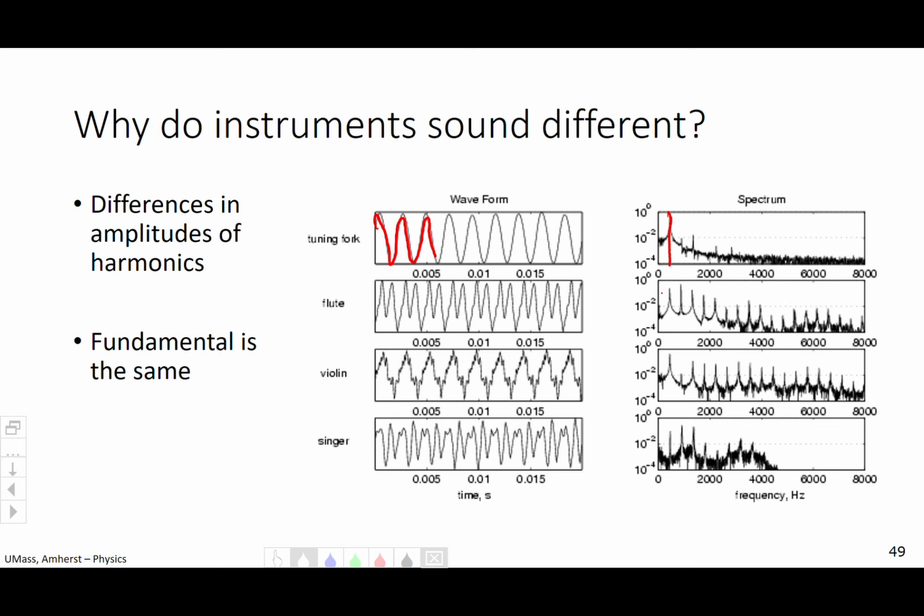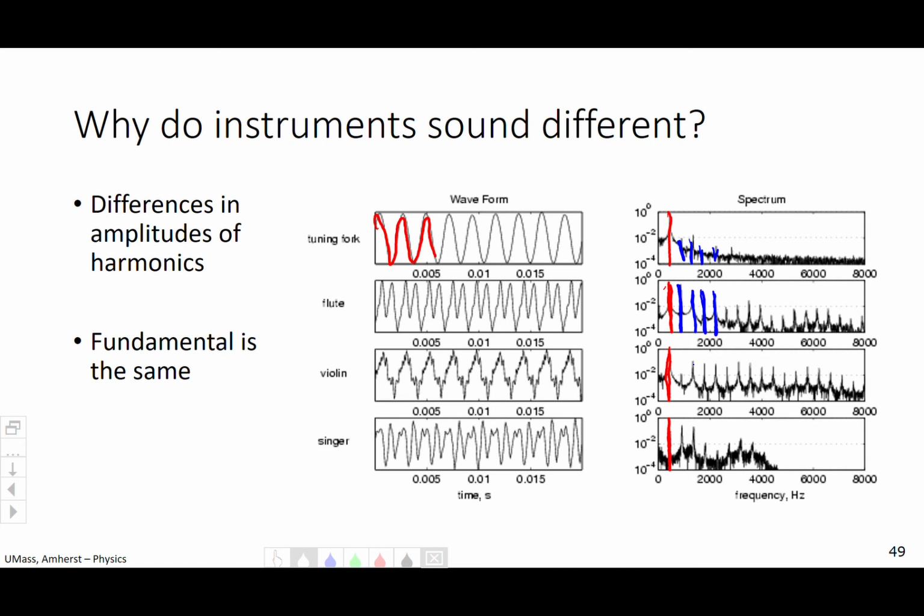We also get this baseline frequency in the flute, in the violin, and in the human singer. My drawing skills, of course, are not on point. But let's take the flute, for example. We also have a high amplitude of the second harmonic, the third harmonic, the fourth harmonic, the fifth harmonic, where for the tuning fork, we have a much lower amplitude for these harmonics.